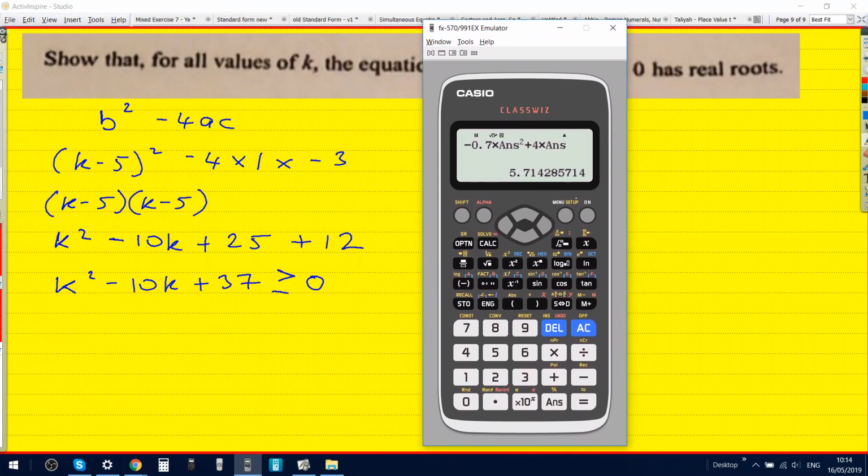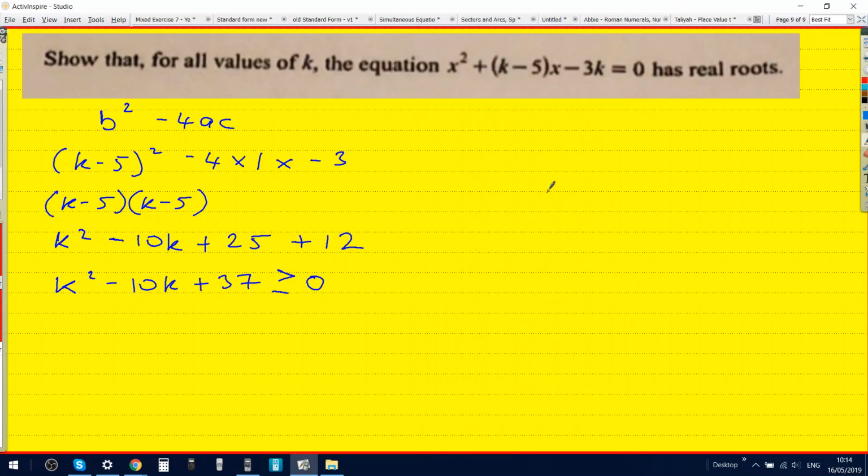And then you just solve it using your formula, using your calculator. So a is 1, b is minus 10, c is 37. Hang on a second, that part has no real roots. Show that for all values of k, the equation has real roots.